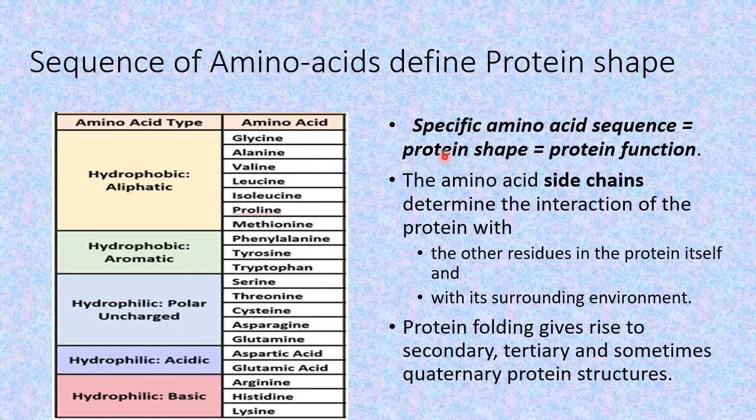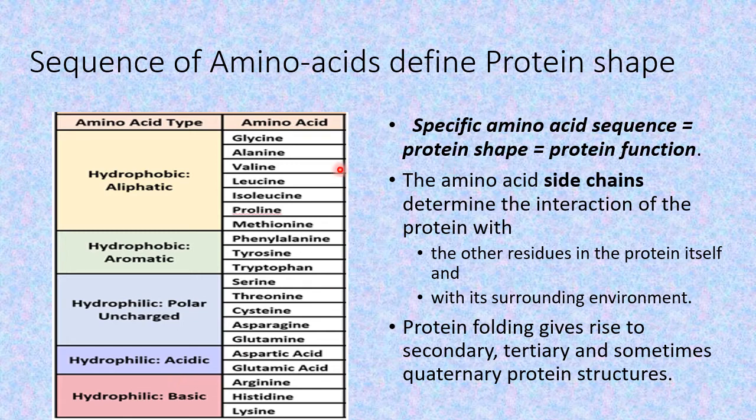Because of the specificity of this amino acid sequence, the protein will take a particular shape, and that shape will define whether it can exist within the lipid membrane, where the hydrophobic amino acids will be in contact with the lipid molecules, or if it is present in the cell cytoplasm, the hydrophilic amino acids have to be on the outer surface of the protein.